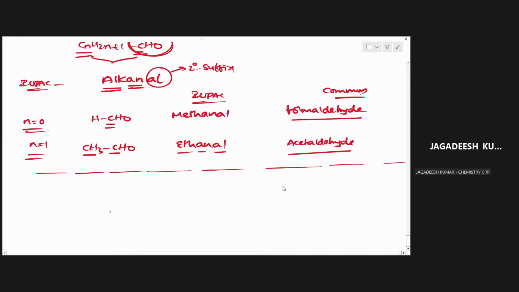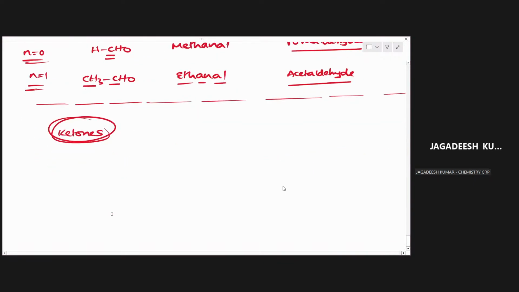And next, regarding ketones, another functional group. Generally the ketone general formula is RCOR'. Here again two alkyl groups, but they are connected with carbon only. A continuous carbon chain is present here. But in the previous ethers, oxygen is breaking the two alkyl groups.